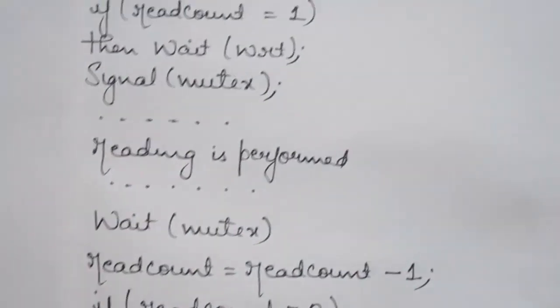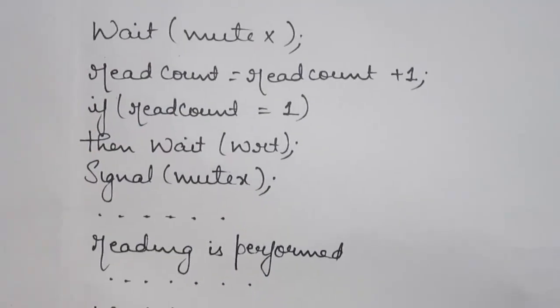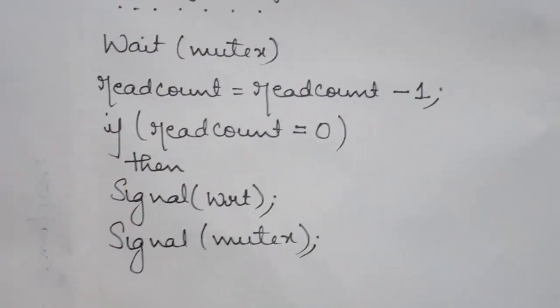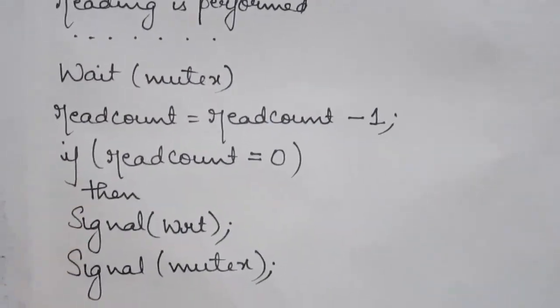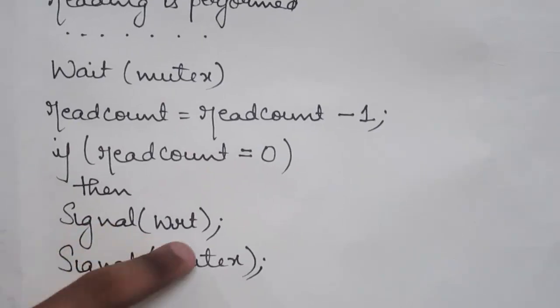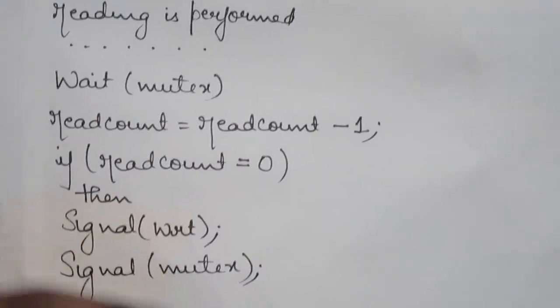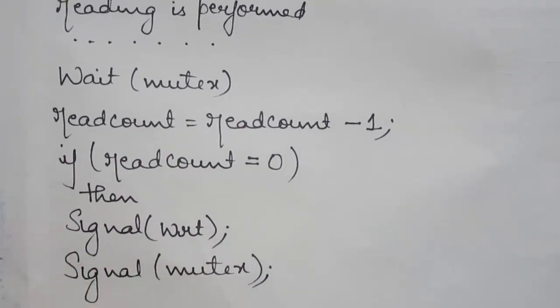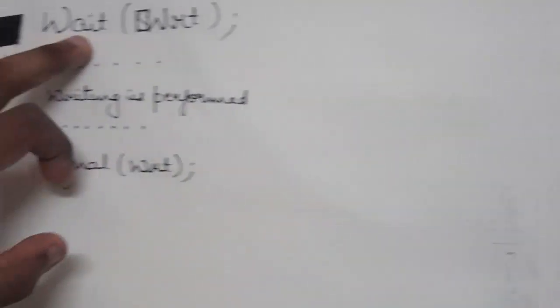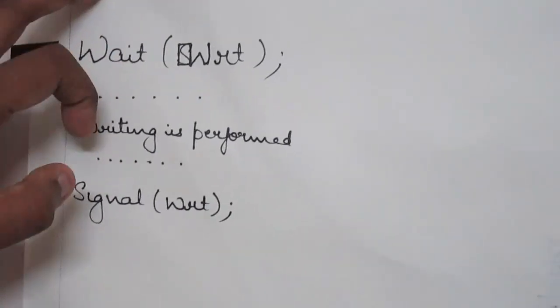So the writer process can write when all the reader processes have successfully come out and the signal write operation has been performed. Once the signal write operation has been performed by the last reader process which is going to come out, then only this wait write will be successfully executed by the writer process.